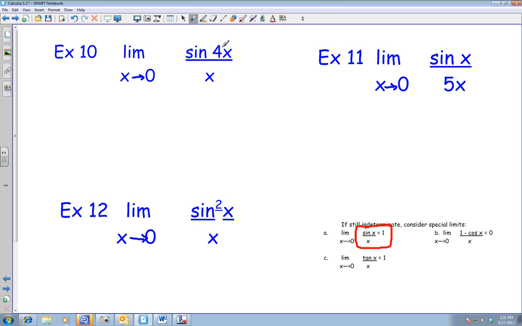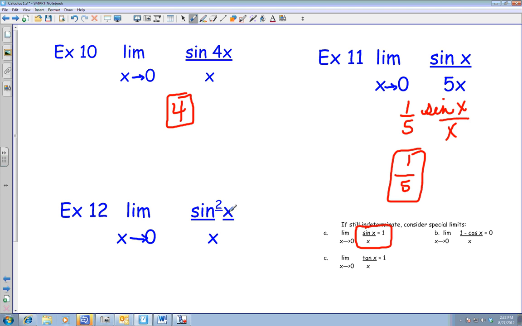So if sine x over x is 1, what do you think the limit of sine 4x over x is? It's 4. Same thing here. This one looks a lot like that. I can actually rewrite this as this. So if this is 1, then my answer for this is 1/5.